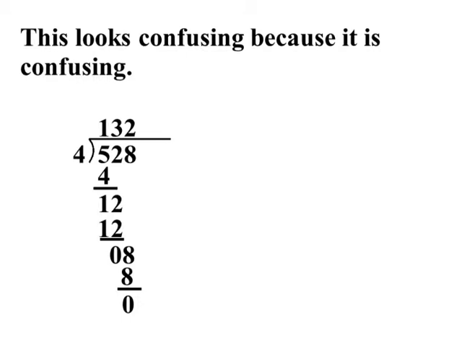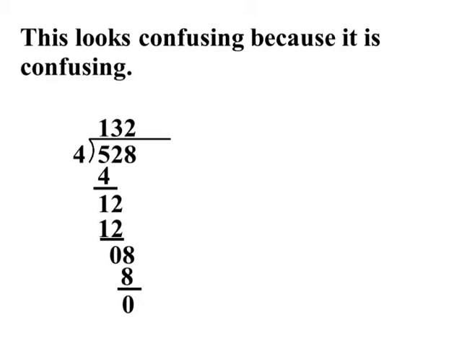You know the drill. 4 goes into 5 one time. Subtract 4 from 5. Bring down the 2. Blah, blah, blah. This method is designed to let users perform long division quickly and reliably.